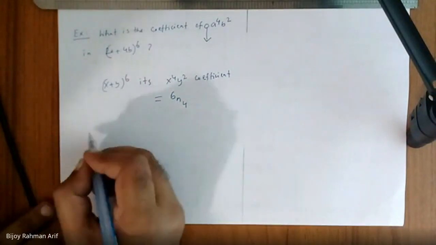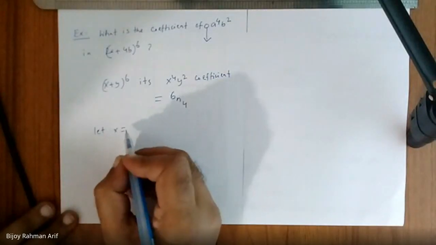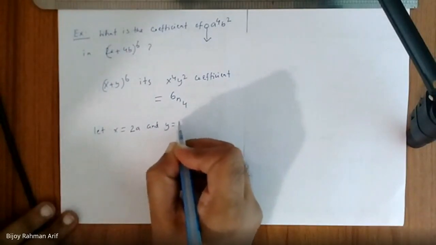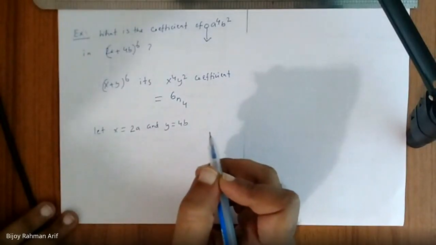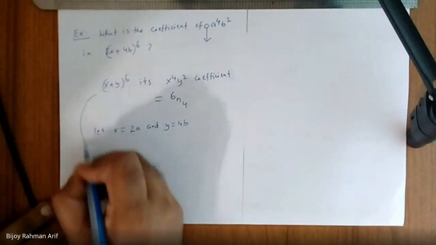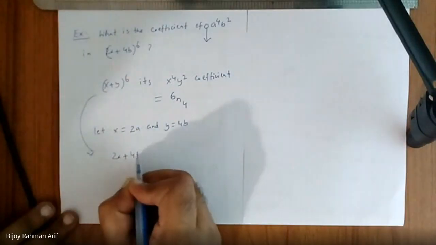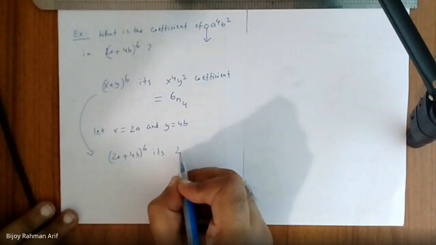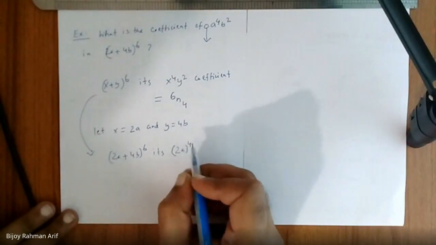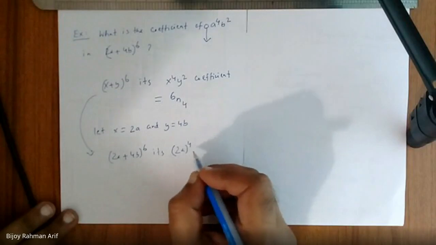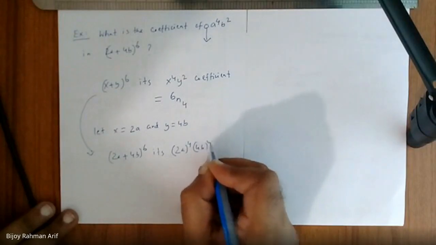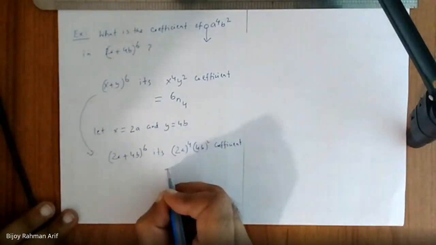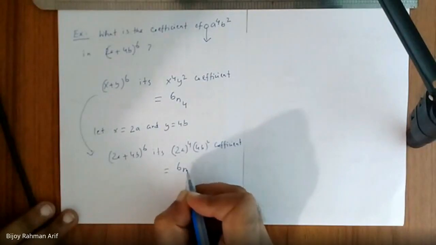Now let x equal to 2a and y equal to 4b. Then what do we get? We get (2a + 4b) to the power 6. So it's (2a)^4 into (4b)^2, coefficient equal to 6C4.